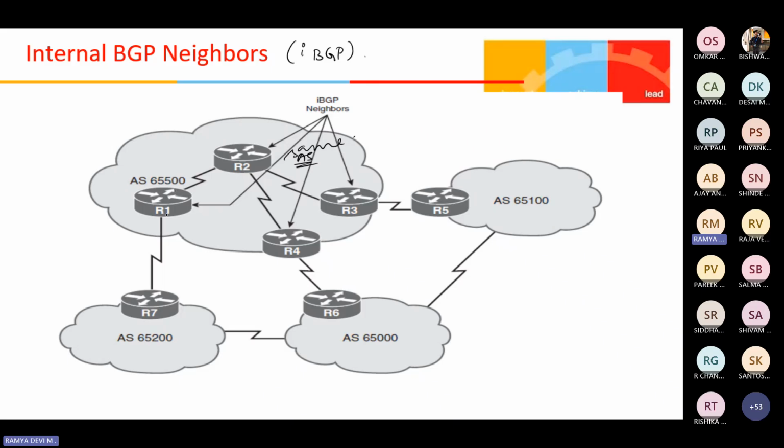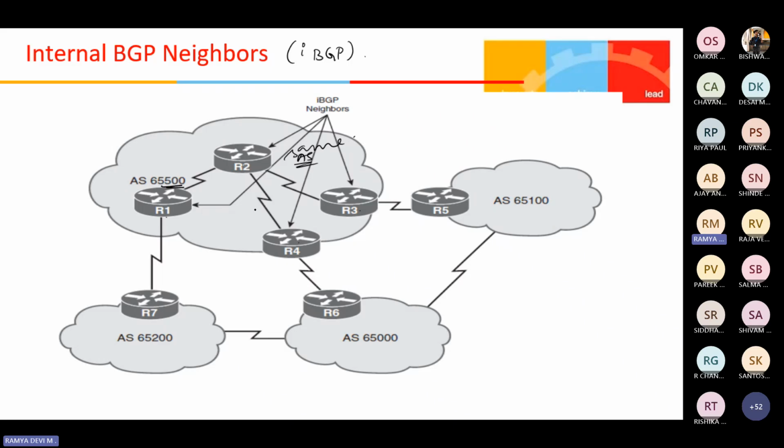R1, R2, R4, R3 are within the autonomous system 65500. They can use iBGP and form an iBGP session. The neighbor command must be used to specify the remote peer. They have to do it manually, since BGP does not automatically discover the iBGP neighbors.